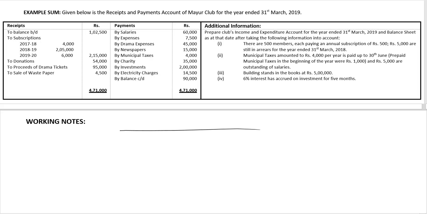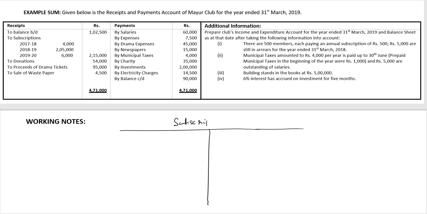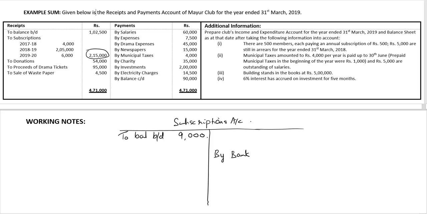We'll begin with the subscriptions account. We've already found out that the opening outstanding subscription was 9,000 rupees, 4,000 plus 5,000 rupees. The total amount of subscriptions received in the current year from the receipt side, the total amount 2,15,000 rupees.